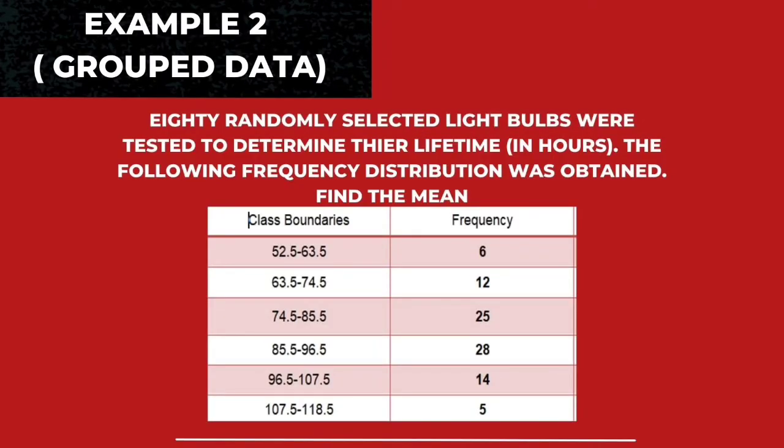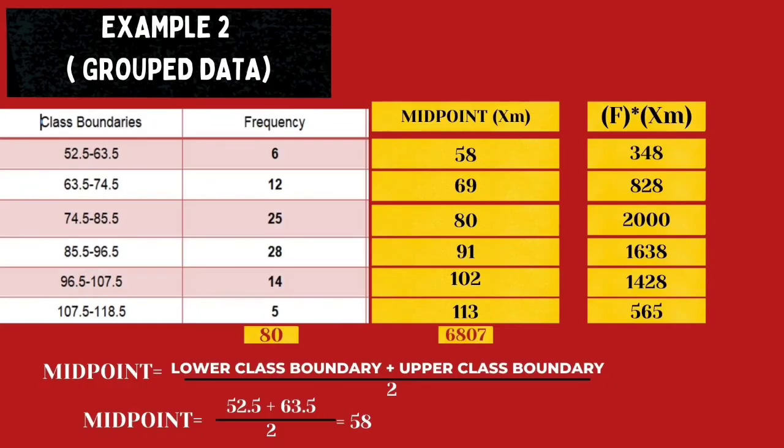80 randomly selected light bulbs were tested to determine their lifetime in hours. The following frequency distribution was obtained. Find the mean. Now, since we're given class boundaries and frequencies, meaning the data are grouped, we are solving for the population mean. You solve for the midpoint of each class boundary. So we're going to add another column for the midpoint.